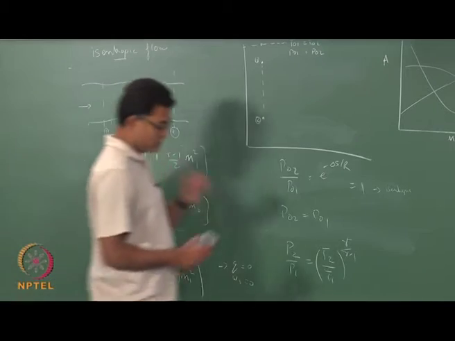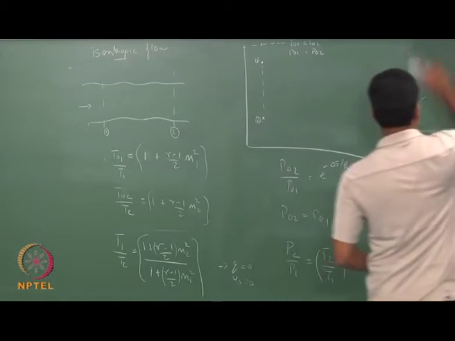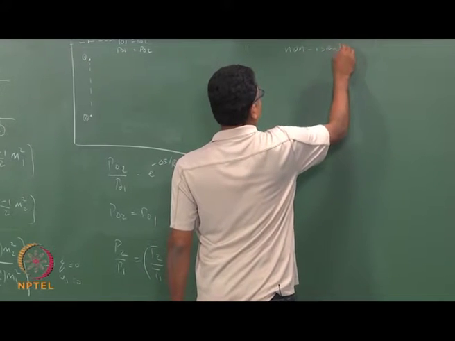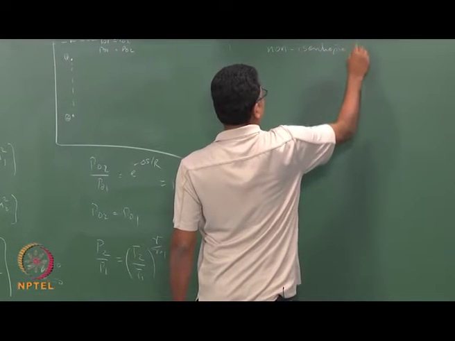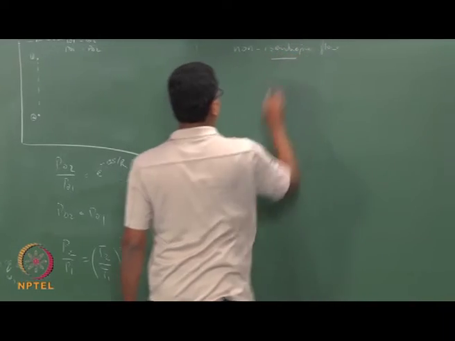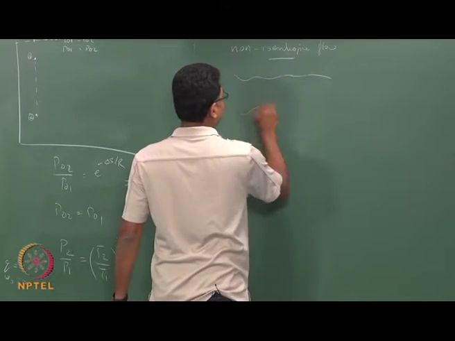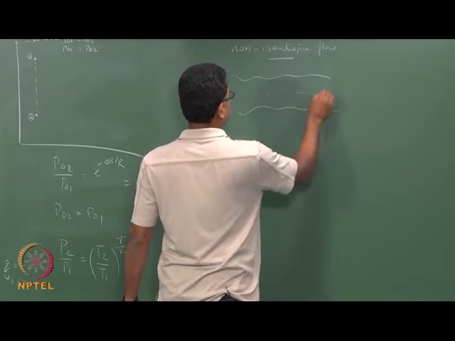But now, if it is not isentropic, so let us consider a non-isentropic flow. So, I have a flow here.